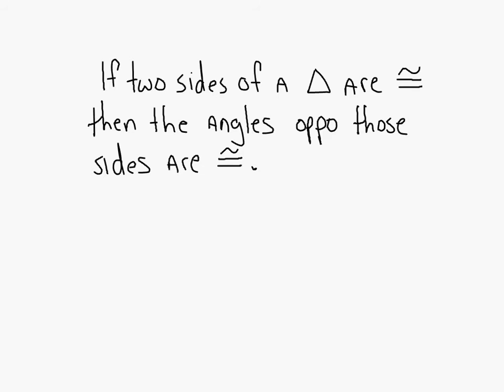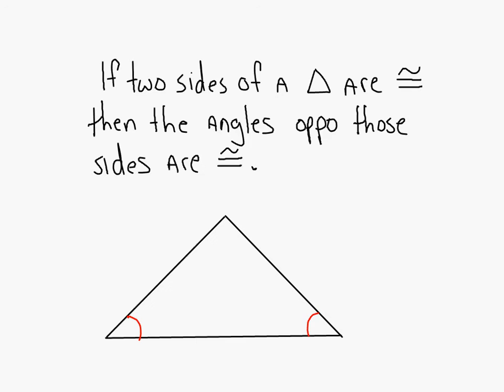The converse of that theorem is right below it. If two angles of a triangle are congruent, then the sides opposite those angles are congruent. So understand both of those. If angle A is congruent to angle B, then the sides opposite those angles are congruent.